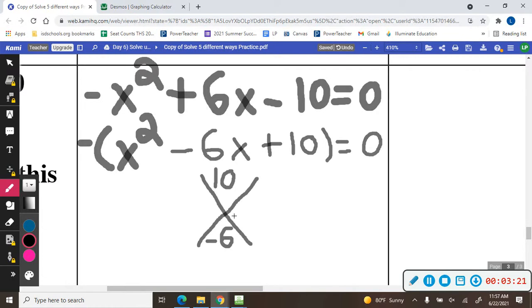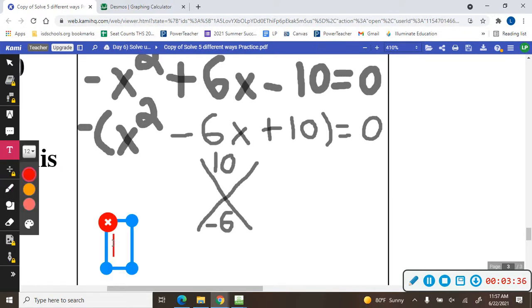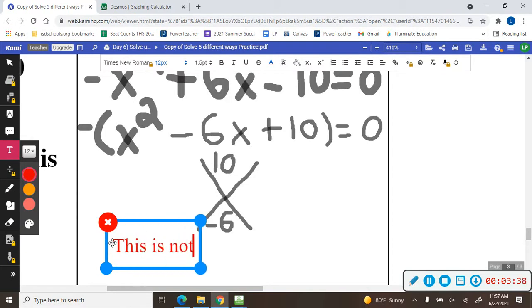That won't work. 2 and 5, 2 times 5 is 10. If you add 2 and 5, you get 7. You subtract them, you get 3. So I see that there's nothing that will multiply to 10 and add to negative 6. So I would say this is not factorable. So I can't solve this by factoring.